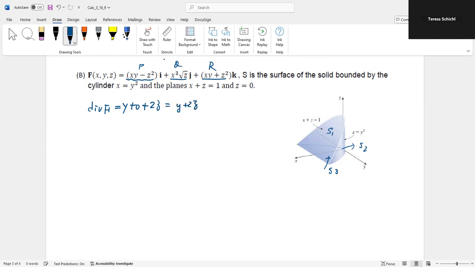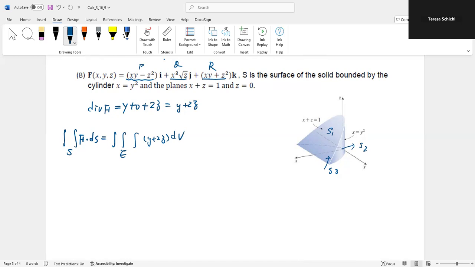That's why I like the divergence theorem, because the divergence of F is a scalar function. It's way easier to handle than the vector function. So now this is integrating over the whole solid E, y plus 2z dV.